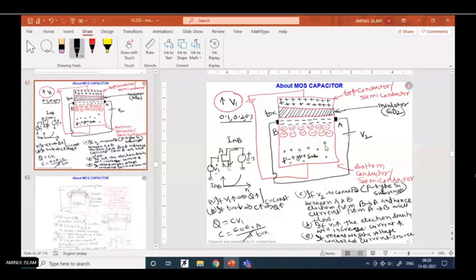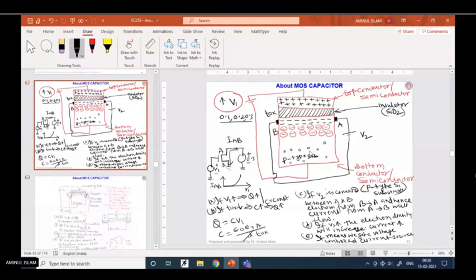If you apply even 1 volt across AB, current will not flow if your V1 is 0, because there are no free electrons there which will carry the current. But if you apply sufficient V1, initially 0.1 volt, 0.2 volt, 0.3 volt, a very small amount of voltage will repel the holes down, creating a depletion layer.